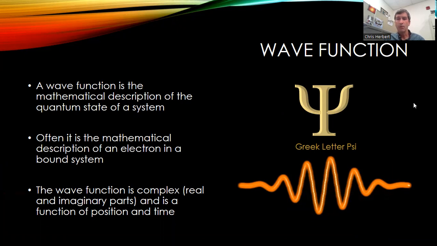And when we think about a wave function, we oftentimes use the Greek letter psi, uppercase or lowercase psi, depending on the application, to express the wave function. What is the wave function? Well, it's really a mathematical description of the quantum state or the properties of the particle.